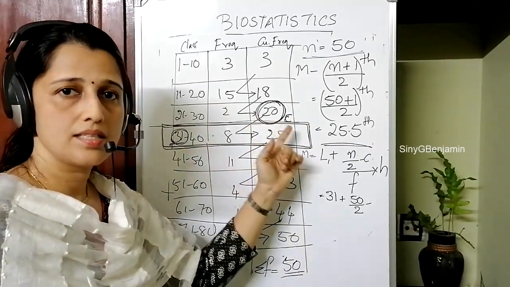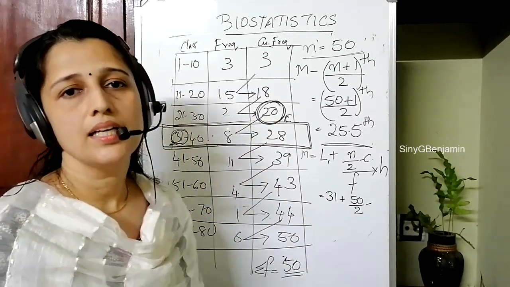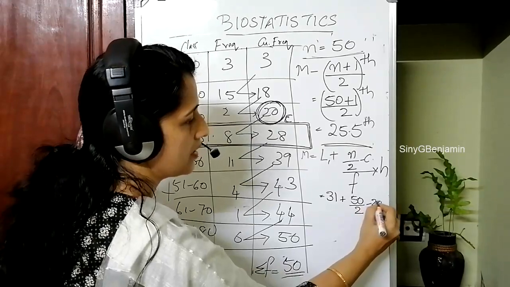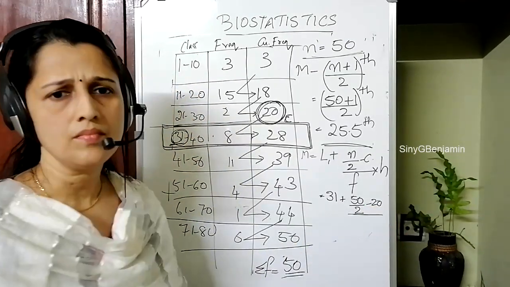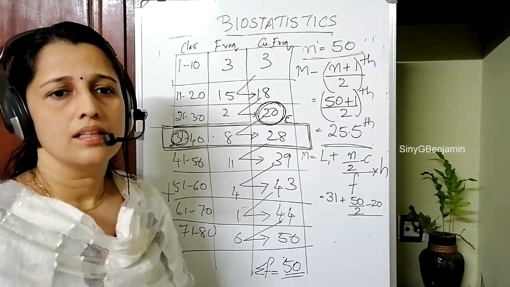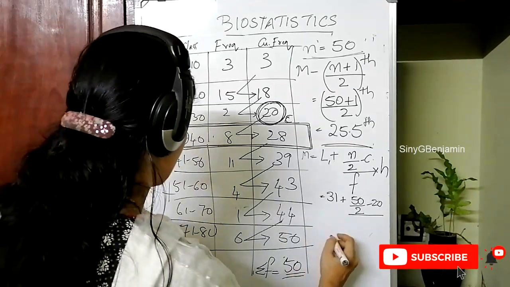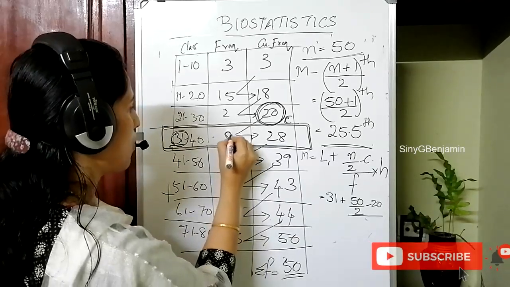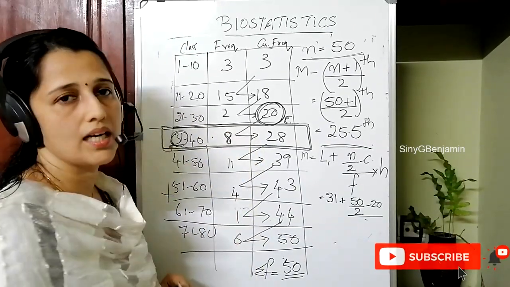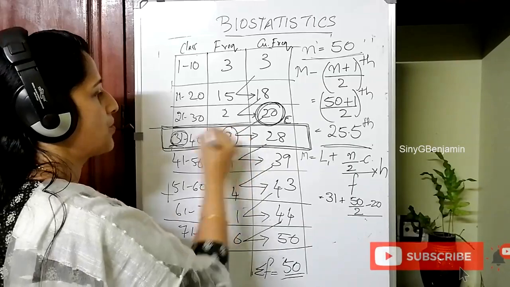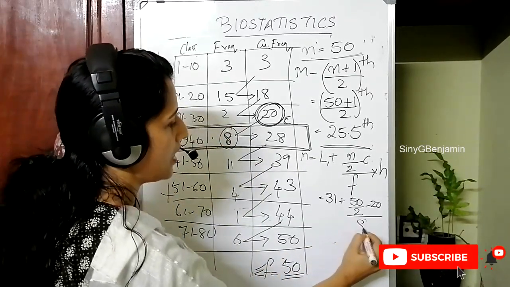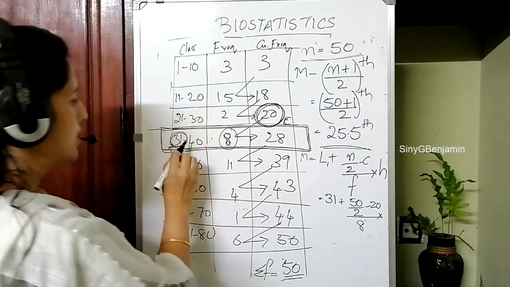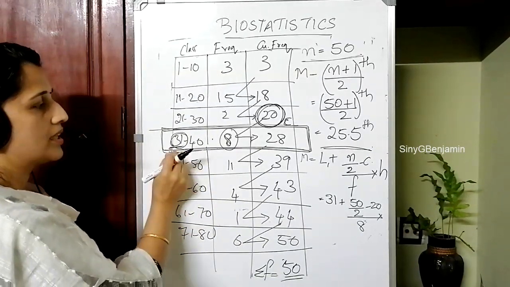So here C is equal to 20, divided by F, and here the value for F is equal to 8. 8 is the frequency of the median class, into class width, that is the difference 31 to 40.